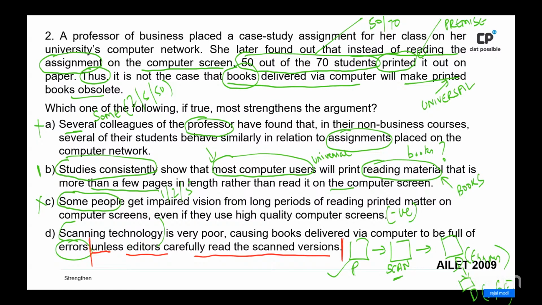Then that's okay, right? कि ठीक है, scanning से errors आ गई digital book में, but they have edited it and there are no errors. Then it does not support the argument, right?